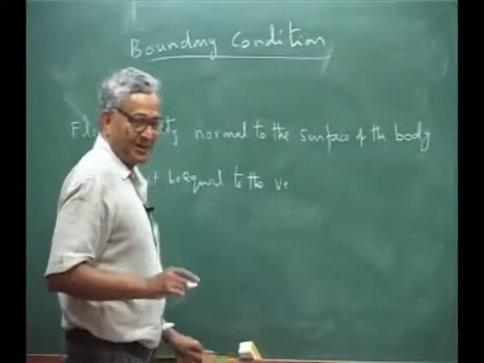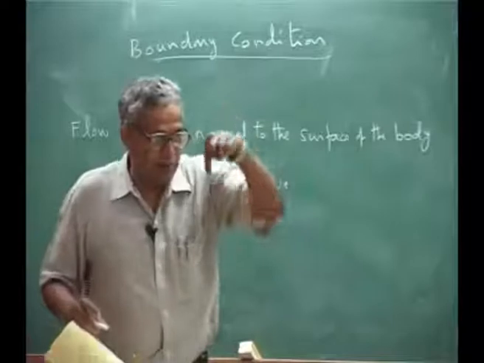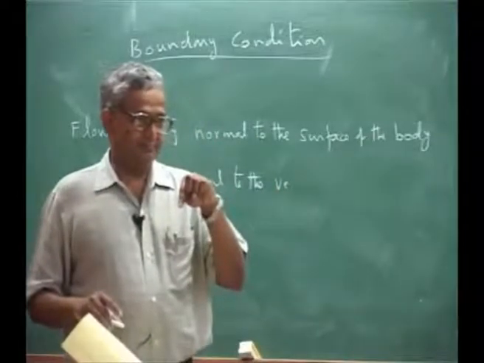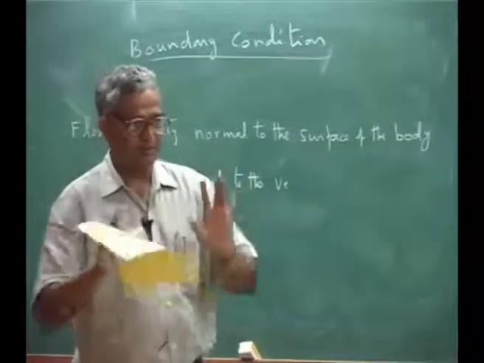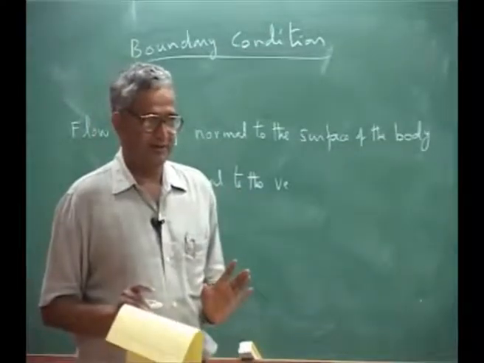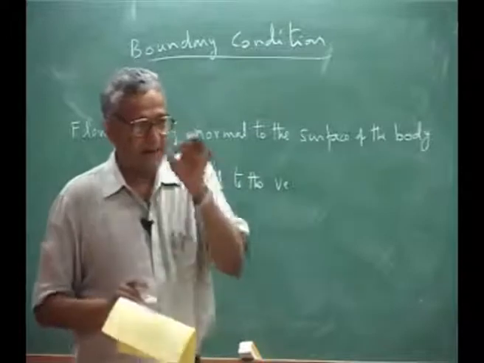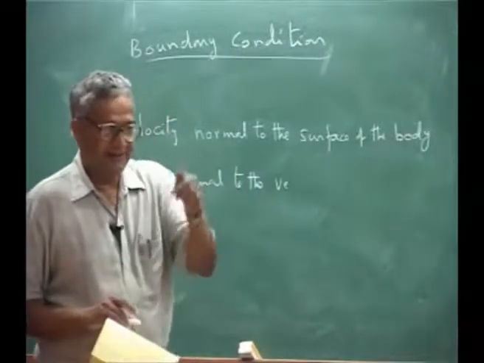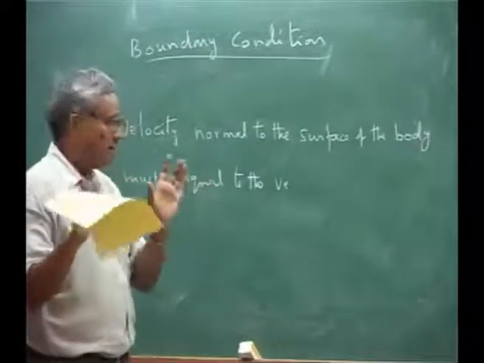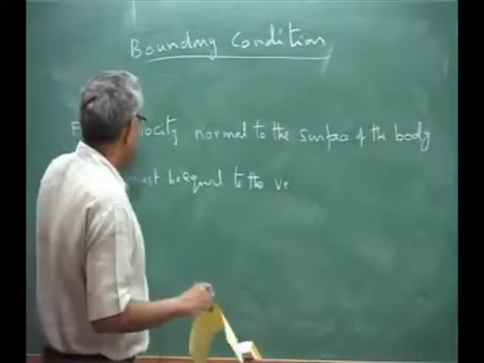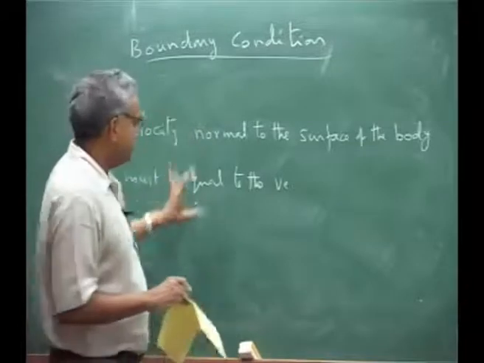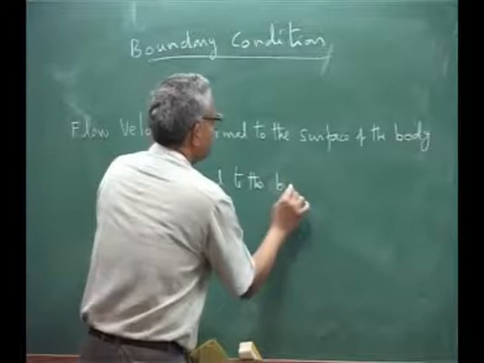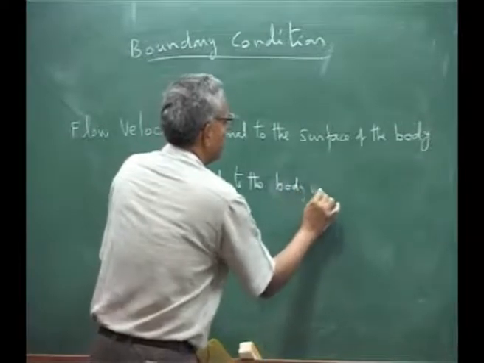Okay? Because velocity of the body at a point, you can have components, okay, UVW. But the normal velocity of the body at any point, that is why you have two velocities. One is flow velocity, another one must be equal to the body velocity.